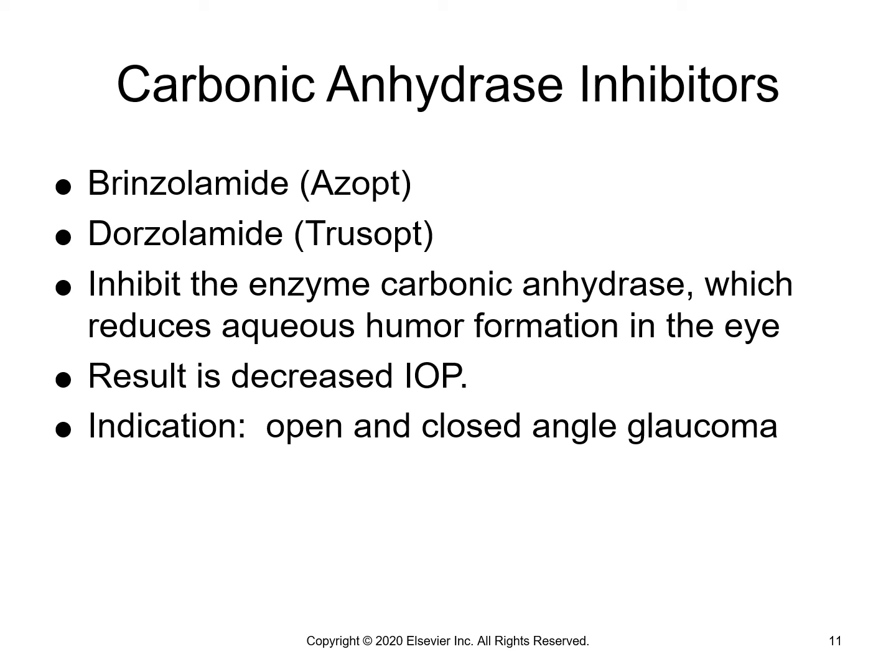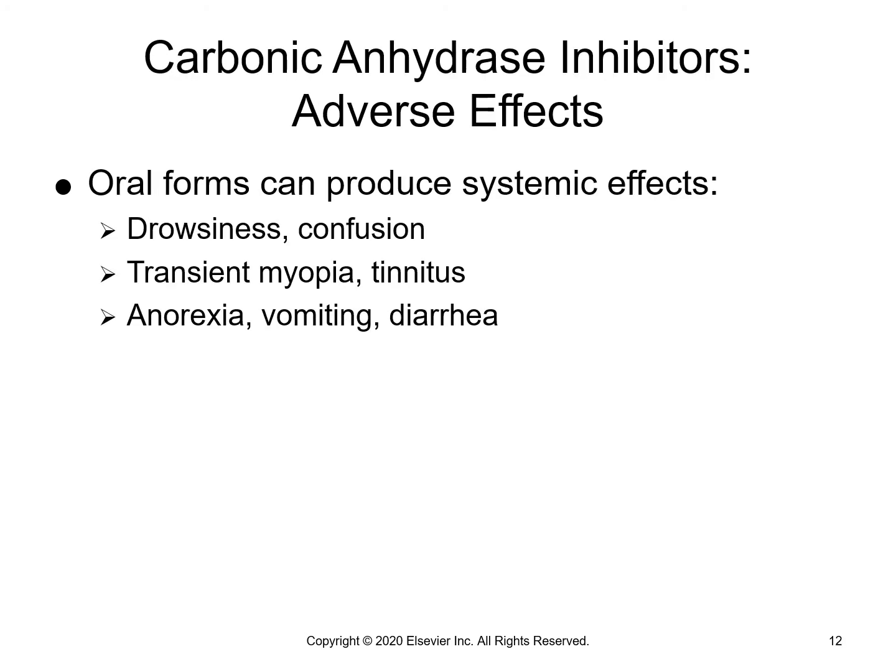So it actually does result in decreased intraocular pressure. The carbonic anhydrase inhibitors can be used for both open and closed angle glaucoma. There are oral and ocular forms of this medication. With the oral, you do have increased risk for systemic effects, which are listed here on this slide, but another class of drugs to treat glaucoma.